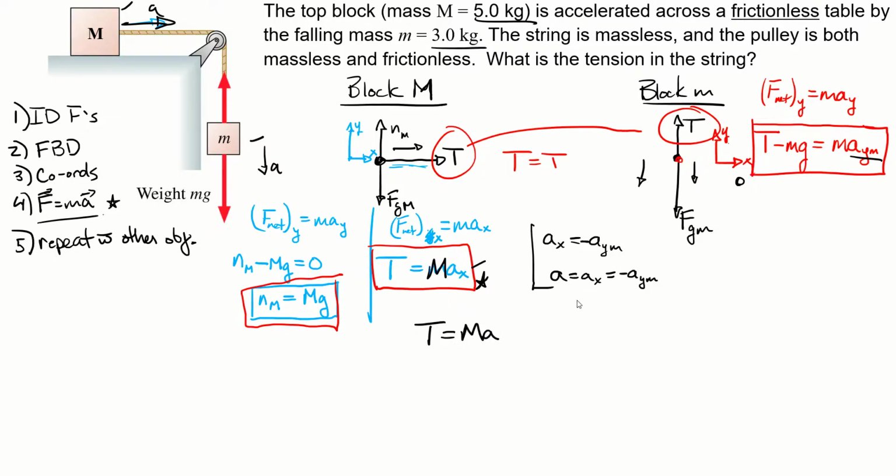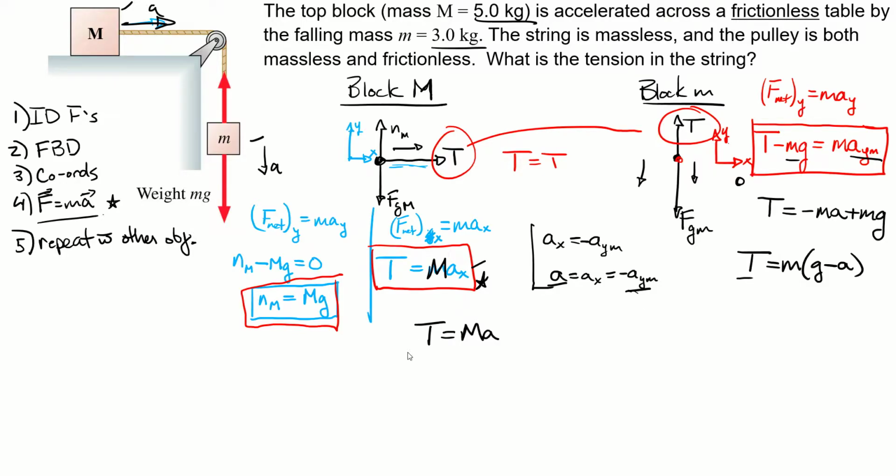That's capital M. And over here, I have T is equal to negative ma, because I'm substituting this in for this. And I'm going to bring the mg to the other side, so that's plus mg. On this side, I have T is equal to m times (g minus a), right?